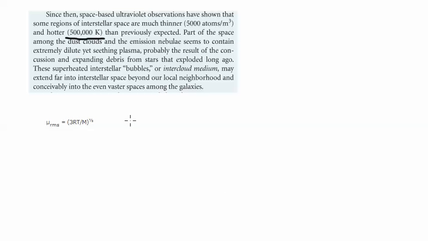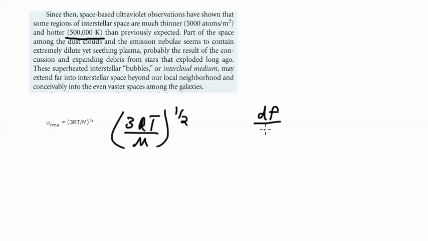In this article, that's given as 3RT over m to the 1/2 power. But I think I've also seen it given as degrees of freedom over 2 times k sub B times T over the molar mass.